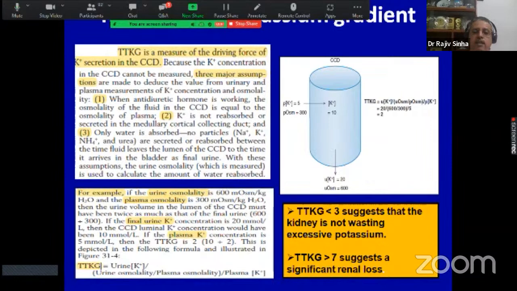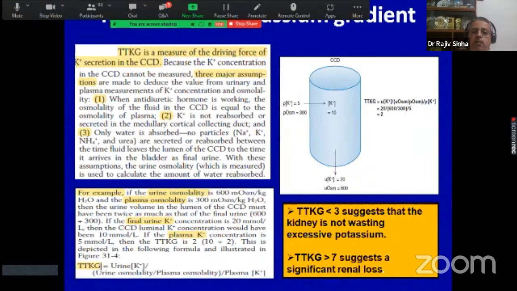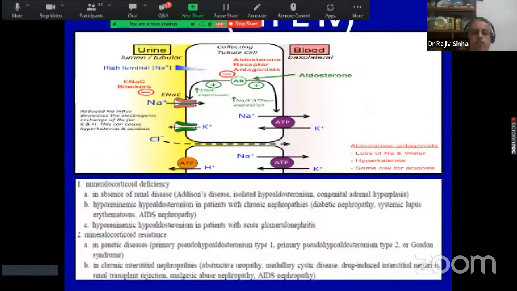And if you remember, in our cases the TTKG was 1.25 and 1.7. So definitely there is some problem in the kidney where it has not been able to discard the potassium. And the other caveat that also has to be fulfilled is that the child's creatinine clearance has to be more than say 15 or 20. Usually, an inappropriate TTKG here means that it is either a mineralocorticoid deficiency or resistance.